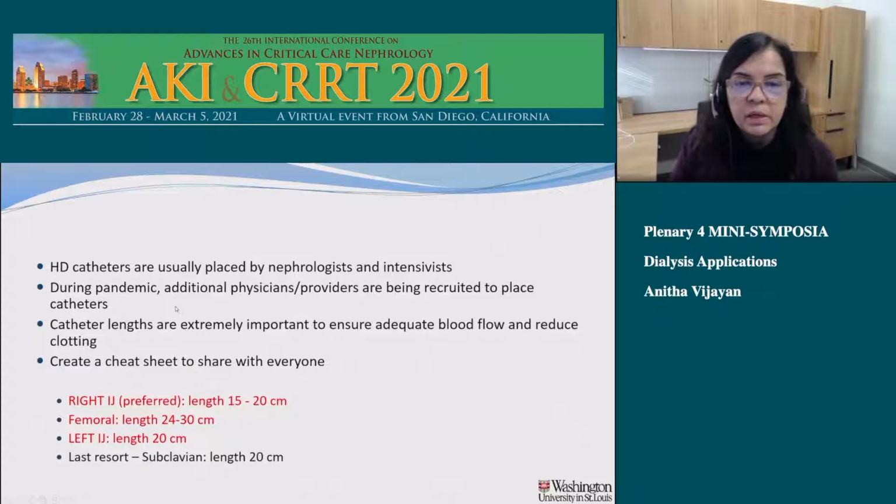However, during the pandemic, other physicians were in the ICU to provide assistance, and we found that providing a cheat sheet to share with everyone regarding catheter lengths was extremely important. For right IJ, the preferred catheter length is 15 to 20 centimeters, depending on the height of the patient. Femoral is the next preferred, although there's some controversy between femoral and left IJ. The femoral length is 24 to 30 centimeters. Left IJ, the length is 20 centimeters. And as a last resort, a subclavian vein can be used, and the catheter length is around 20 centimeters.